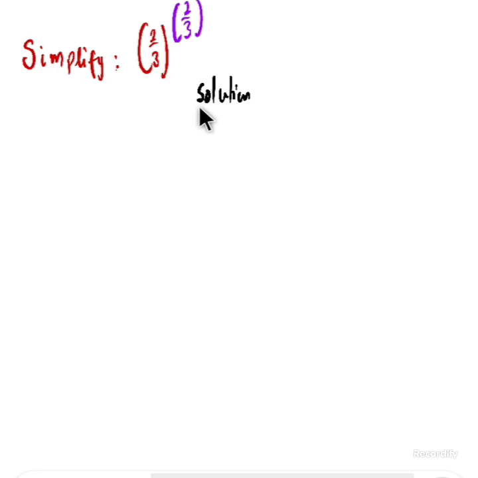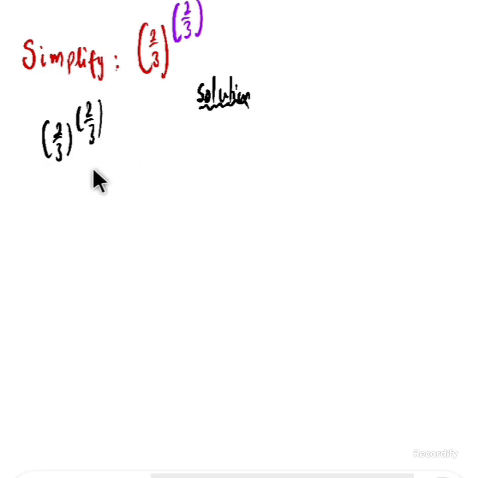So how do we solve this problem? The law of indices is very important if you want to solve this kind of exponential problem. Let me write out the question. We have 2 over 3 to the power of 2 over 3.